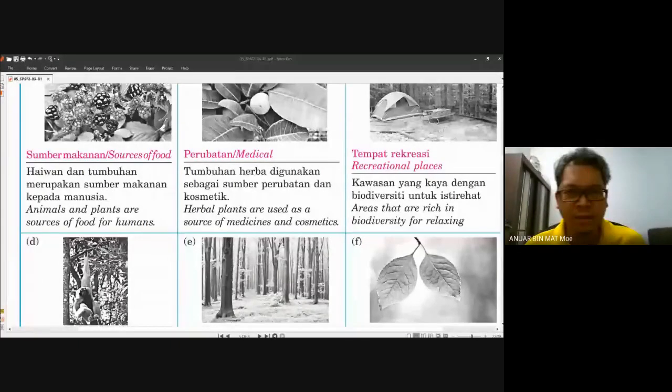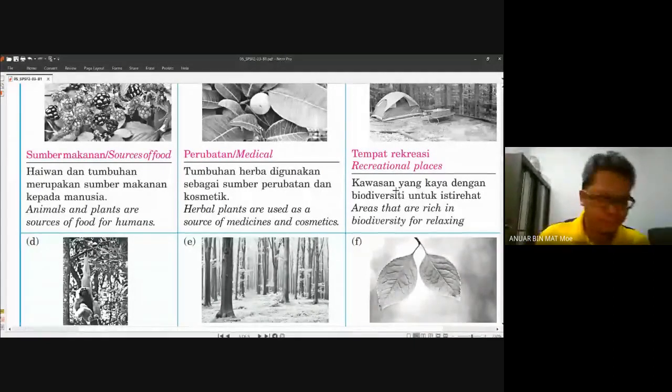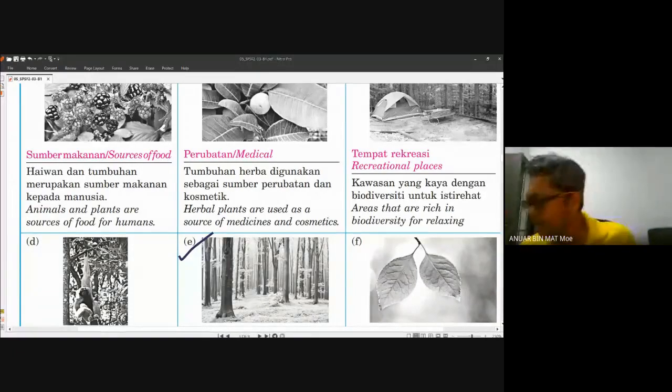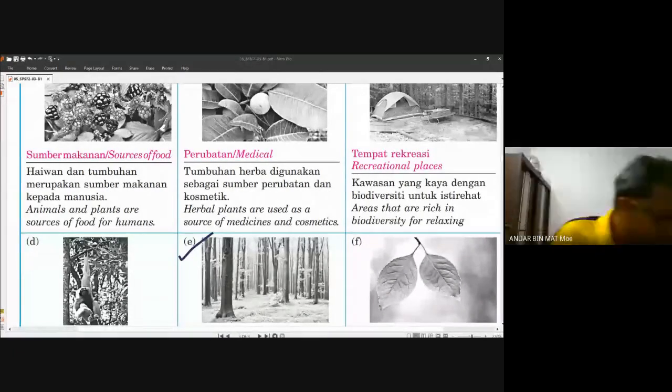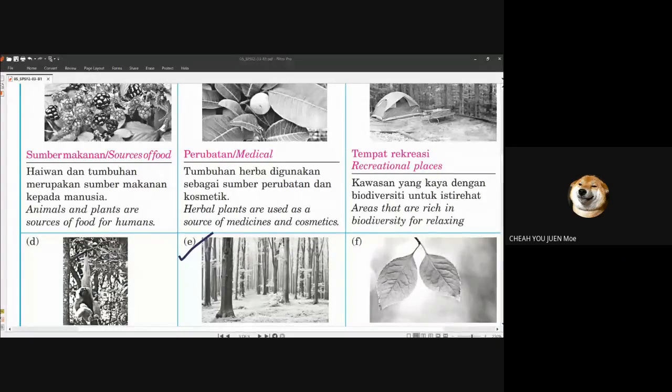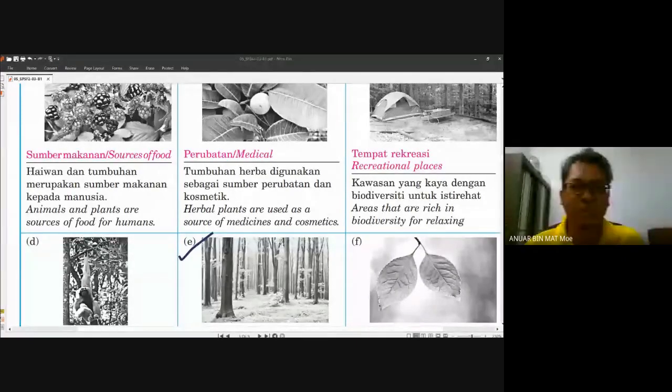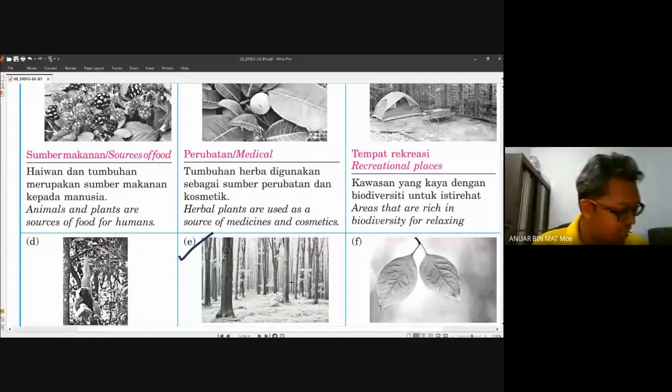Who else? Chia Yu Juan, 2E. Raw material for industries. Thank you, very good. Correct. You can turn off your mic. So 2E is the raw material for industries. Industry means, for example, timber, bamboo, and rattan are used to make building and furniture.